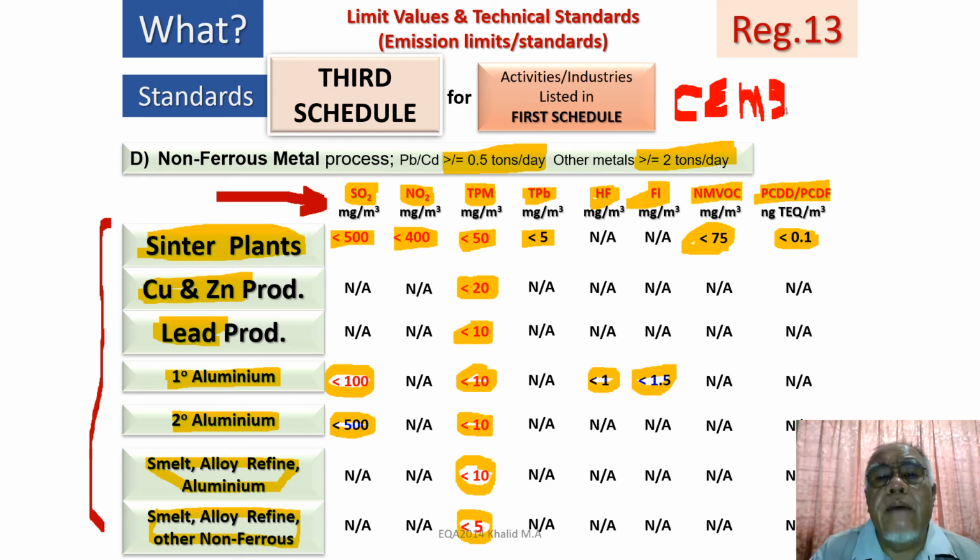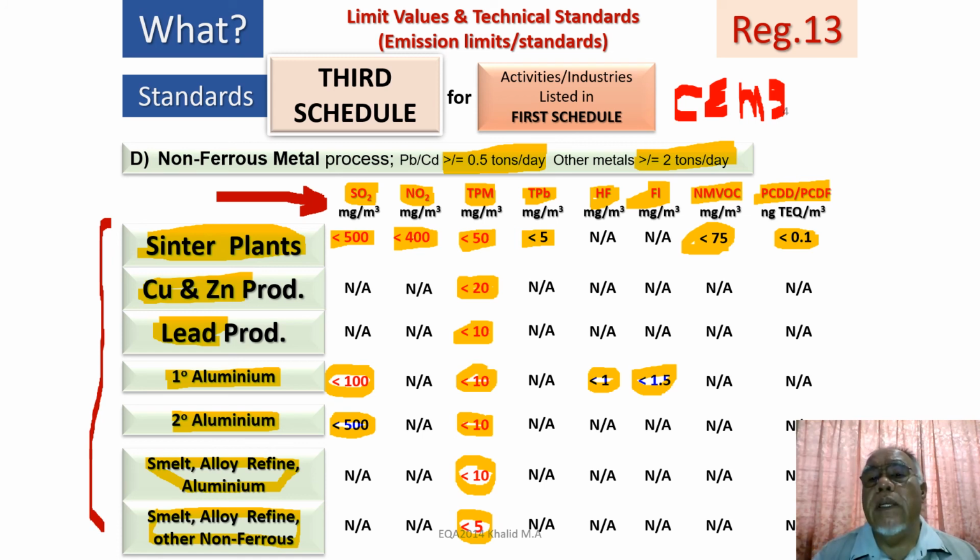Look, if the production is less than 0.5, they are not listed in the first schedule. Their emission standard is not in that schedule, so refer them to the fourth and fifth schedule if they are less. If the production of lead and cadmium is equivalent to or more than 0.5 ton a day, then they are subscribing to this one. For other metals, the same concept.